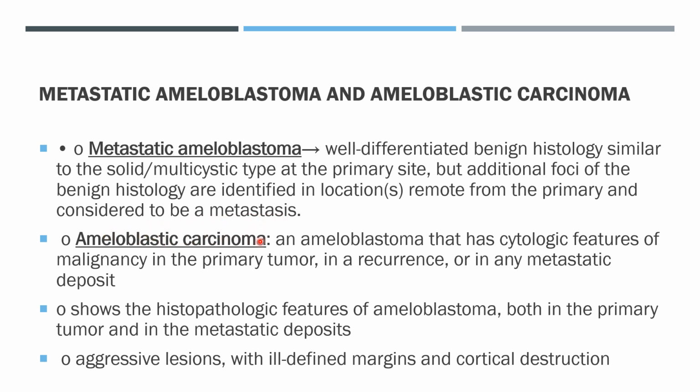Coming to the ameloblastic carcinoma, there are cytologic features of malignancy in the primary tumor, in a recurrence or in a metastatic deposit, and it shows the histopathological features of the ameloblastoma both in the primary tumor and in the metastatic deposits.